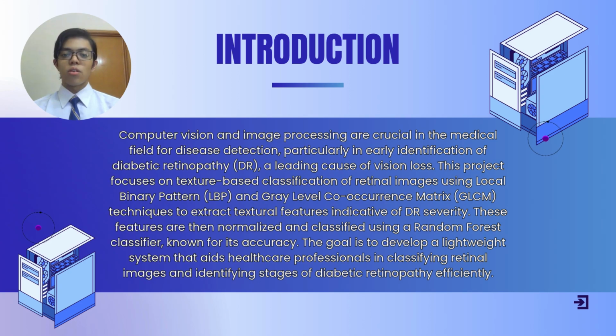These features are then normalized and classified using a random forest classifier, known for its accuracy. The goal is to develop a lightweight system that aids healthcare professionals in classifying retinal images and identifying stages of diabetic retinopathy efficiently.